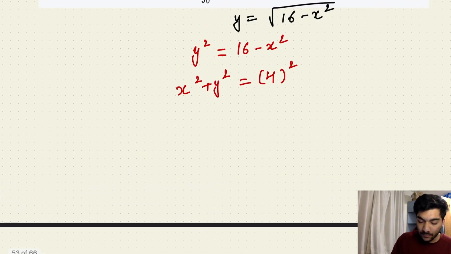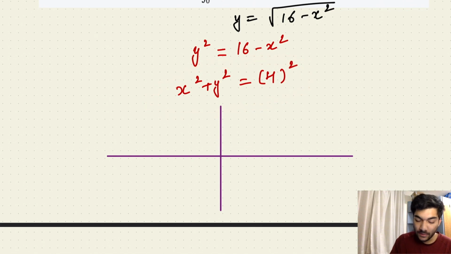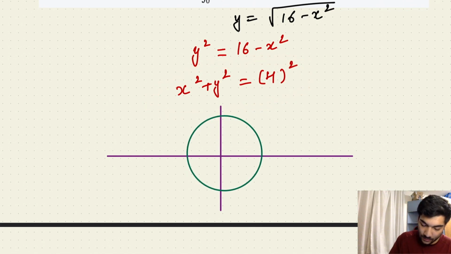If I sketch this one, it would look like this, where this is my y-axis, this is my x-axis, and the sketch of this equation would look like this, where this is my 4 and this is my negative 4, because this equation represents a circle centered at the origin with radius equal to 4.